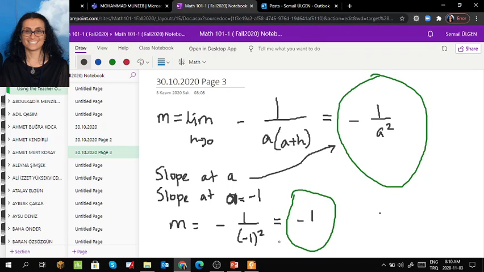We can write the tangent line equation at negative 1 as well. We are going to do that next.